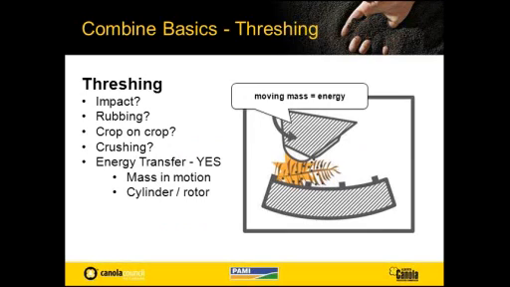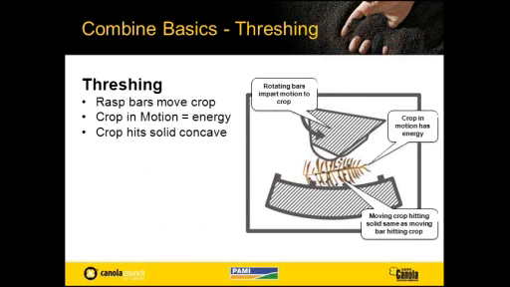And so we look at how that affects us, and we see that the rotating bars impact the crop and also move the crop. So whether the crop is stationary and hit by a moving object, or is in motion and runs into a stationary object, there is an energy transfer back through the seed, and that shock basically is what dislodges the seed.